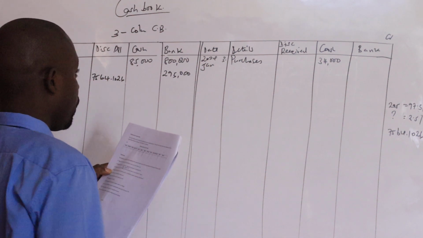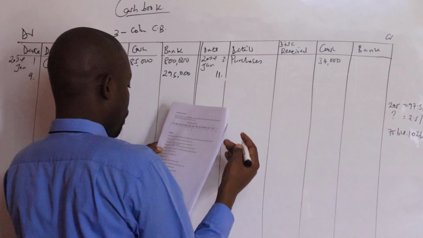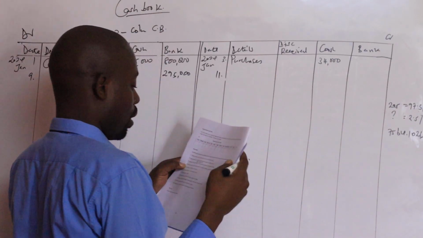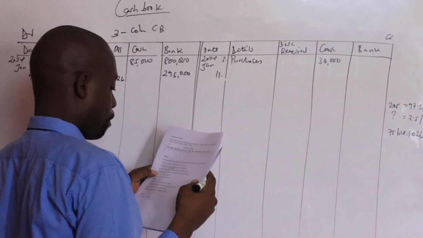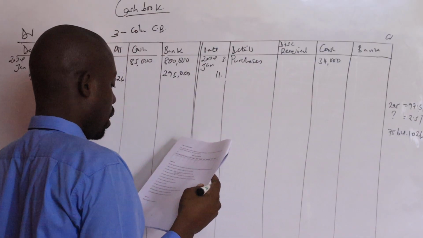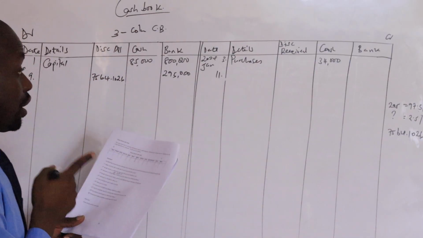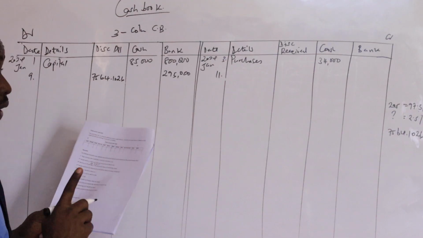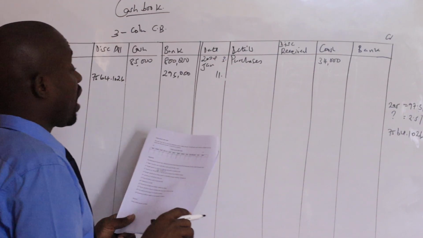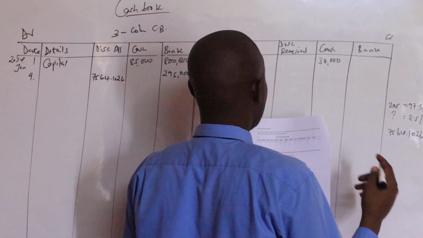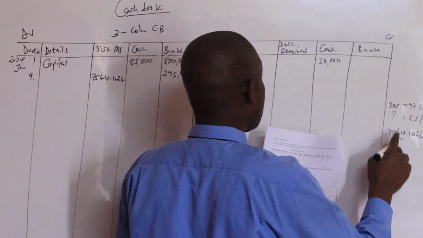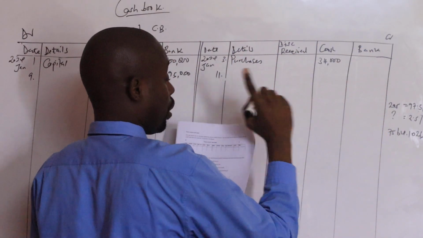Next is the purchase of equipment. On 11th, we bought equipment by check worth 250,000, receiving a 2% discount. The worth of the equipment is 250,000, so that's 100%, but we are given 2% as discount. So what are we supposed to record? We are recording what we paid.